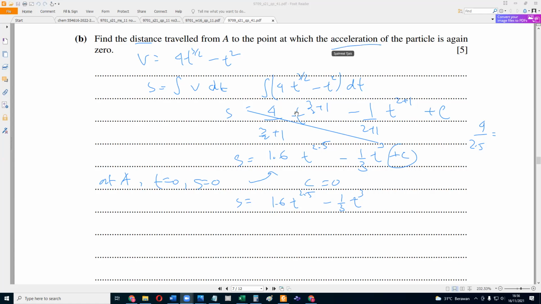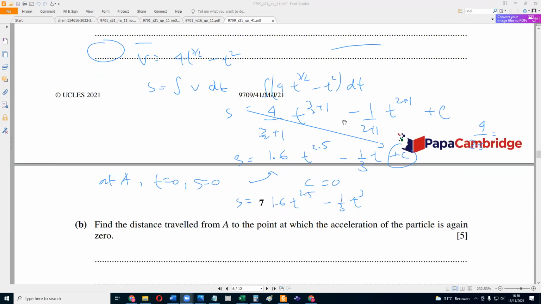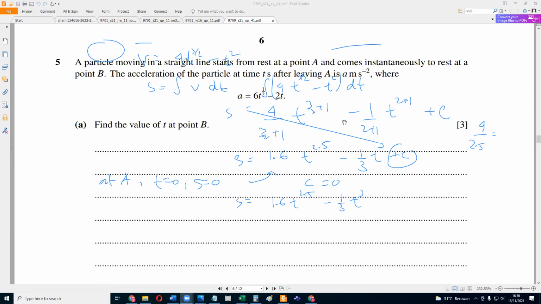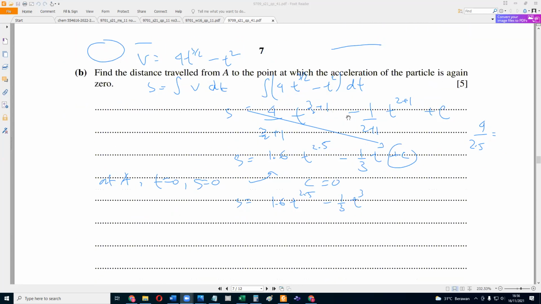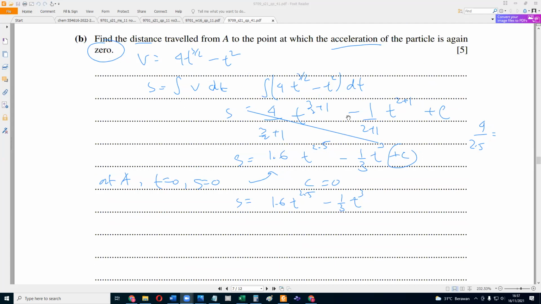All we need to do now is acceleration 0 again. What's the acceleration? The acceleration is given here: 6t power half minus 2t. This value must be 0, and we are to calculate the value of t when acceleration is again 0.